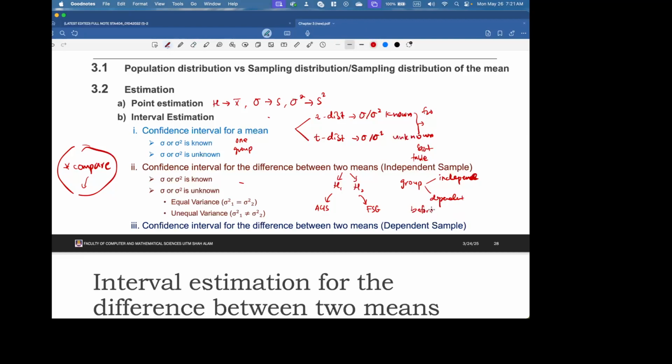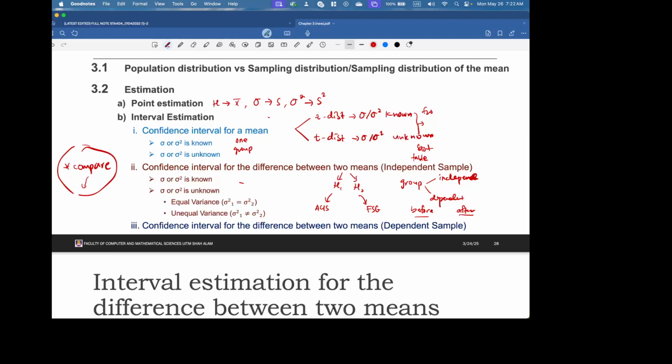And you take the test with the same sample units, means that the same person. Because the sample unit is the same, the difference is only because of the treatment that they receive, means that the diet, so it belongs to dependent.